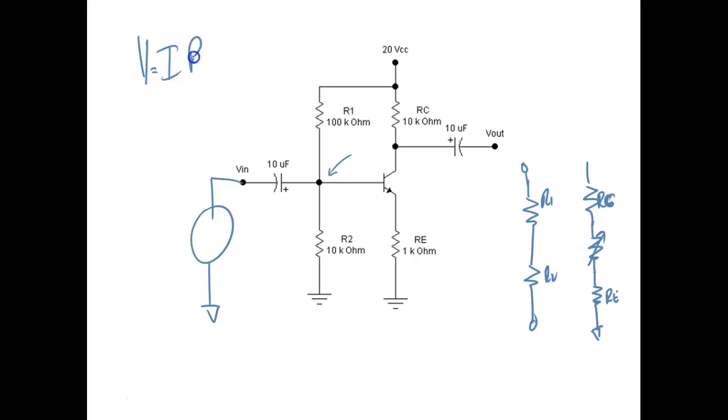I times R. We know R, so somehow we've got to figure I, right? So here we've got to calculate IT. What's IT equal to? It's going to be VCC over RT. Is that hard? Is this hard math? Okay, so calculate this voltage drop for me. Don't sit there and take your calculator and calculate this for me. What would be the voltage drop across R2?